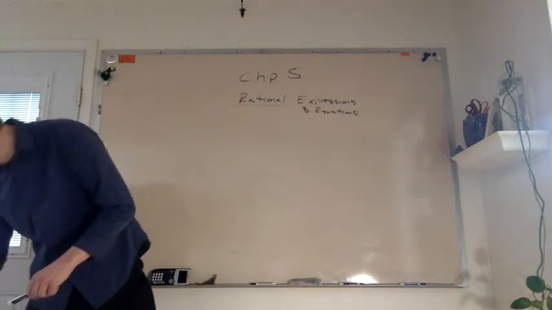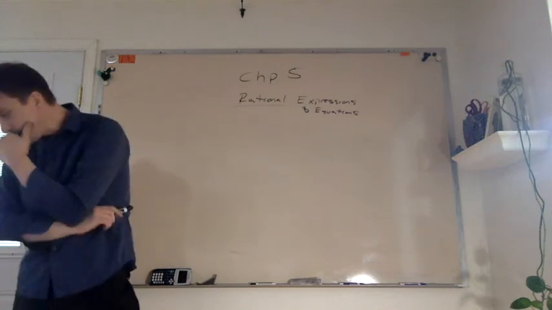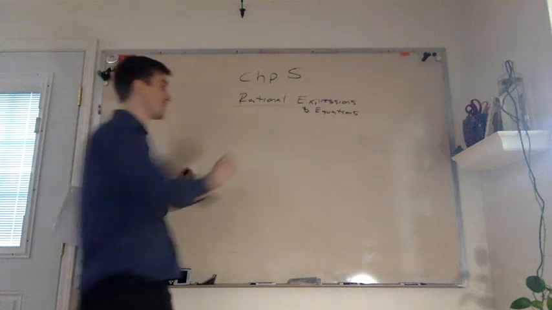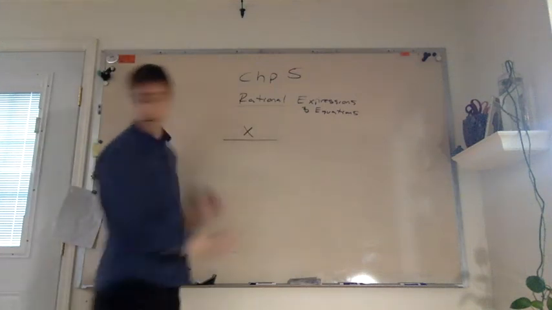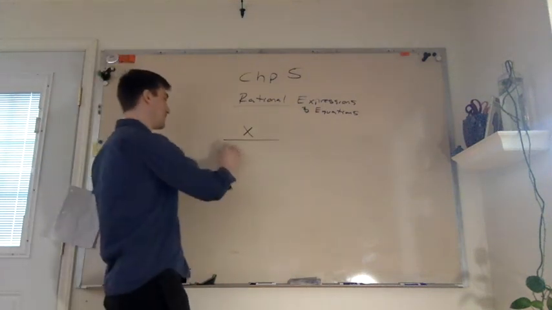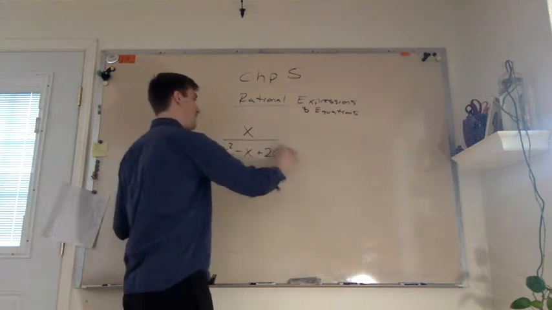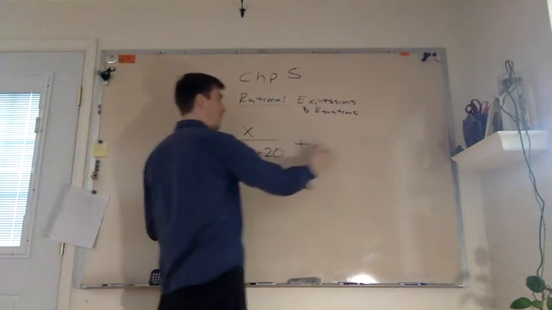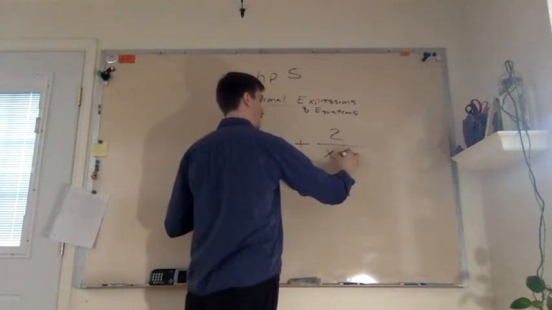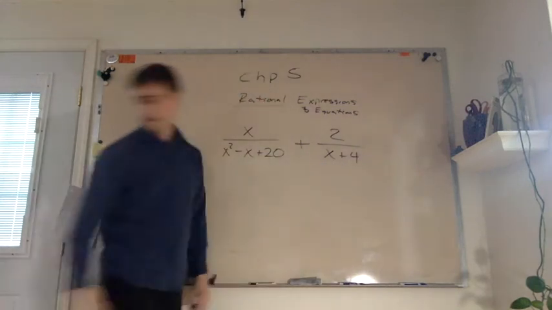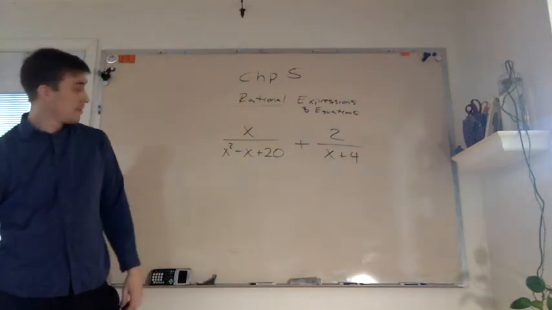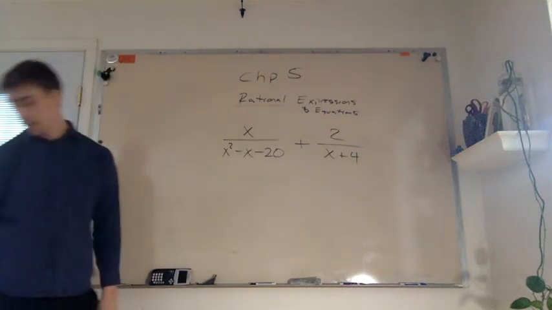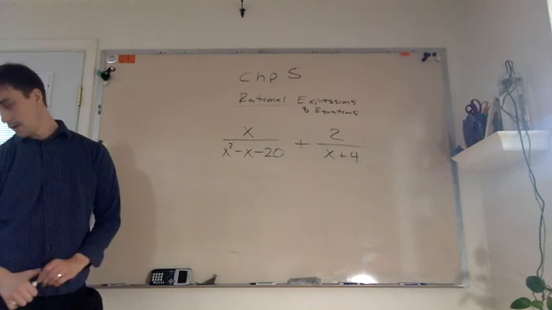Let's do, got this, x divided by x squared minus x minus 20, plus 2 divided by x plus 4.